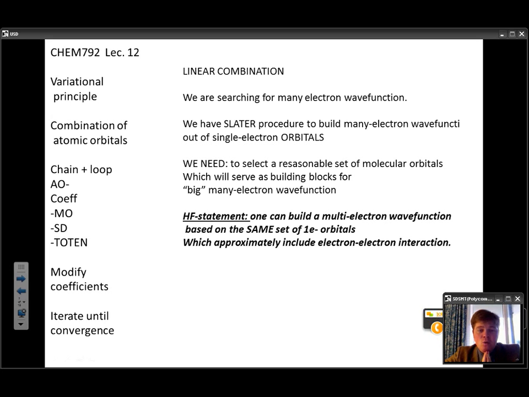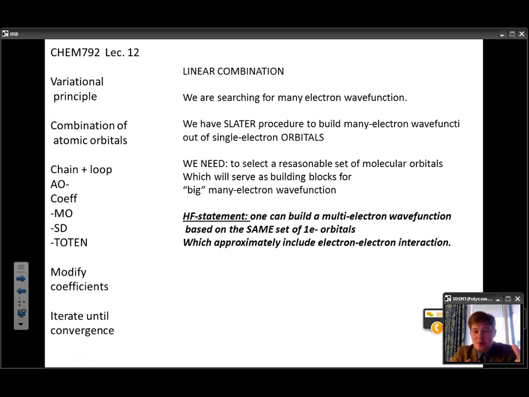And what we are going to do is to pose a mathematical problem, establish a new philosophy: on one hand we have a routine for how to compose a multi-electron wave function out of single electron wave functions, but we do not know which single electron wave functions to have. And we are going to introduce the concept of those unknown orbitals.